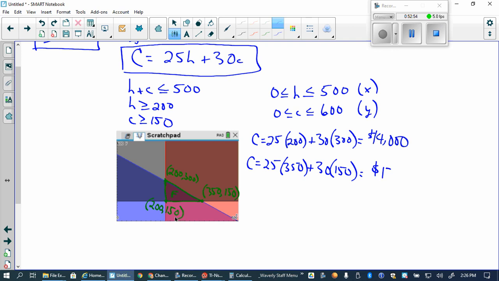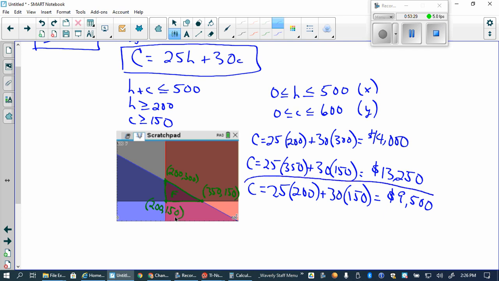Okay. And the last one, the 200. So that's 25 times 200, right? Plus 30 times 150. And what do we got there, guys? 9,500? So we should go with the 14,000, right? No, this is cost. We want the minimum. That's the min.